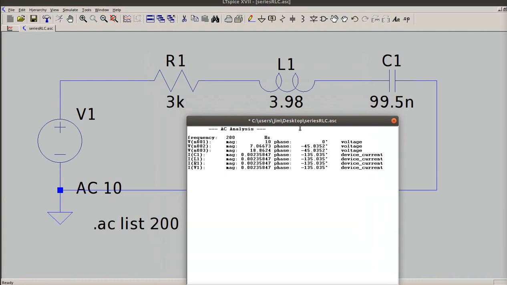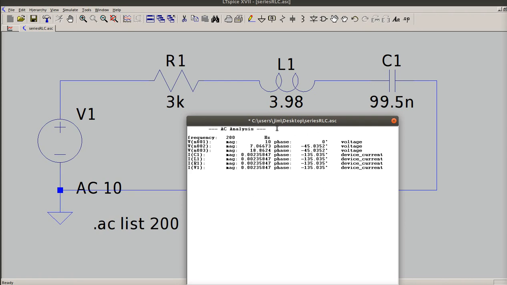And what do you see about the current through all those devices? It's about 2.36 milliamps. It's got a phase angle of 135, which is really essentially a 45-degree angle. You see that I got voltages with angles.